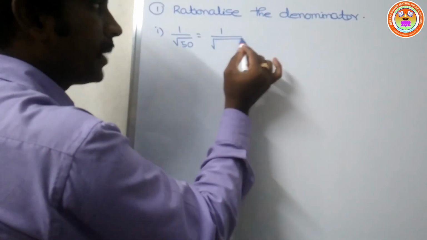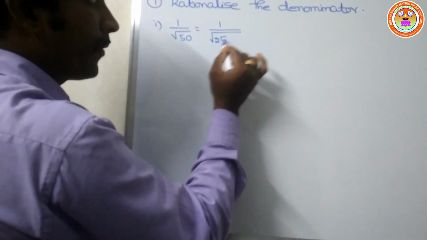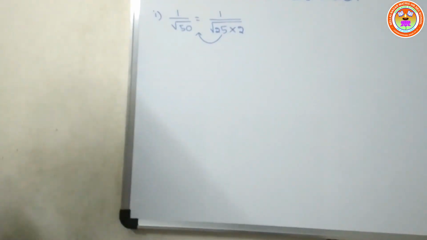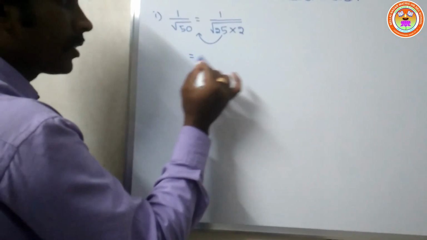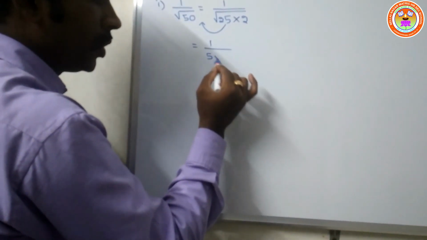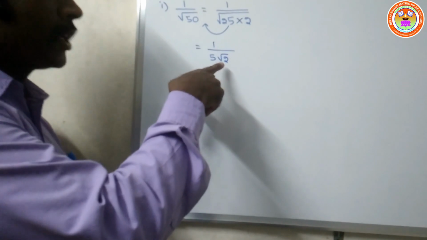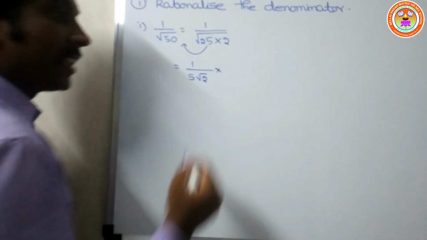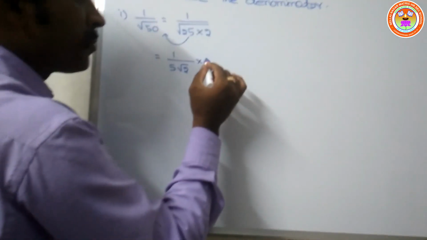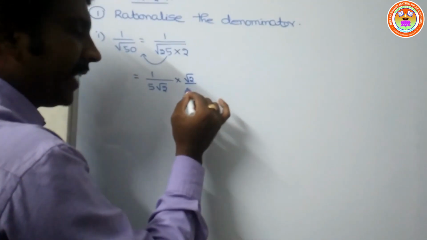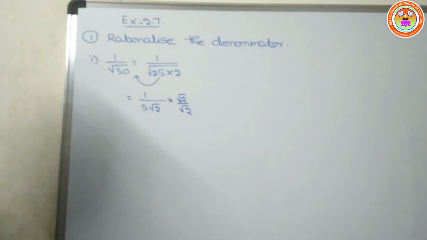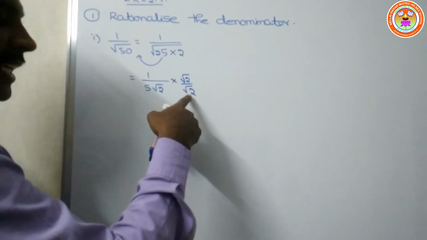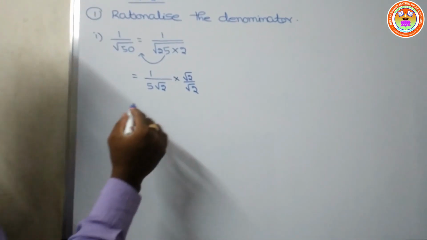Now 50 is split into 25 into 2. Square root of 25 is 5. So 5 root 2. You are removing root 2, so you take the rationalizing factor, multiplying and dividing by root 2.